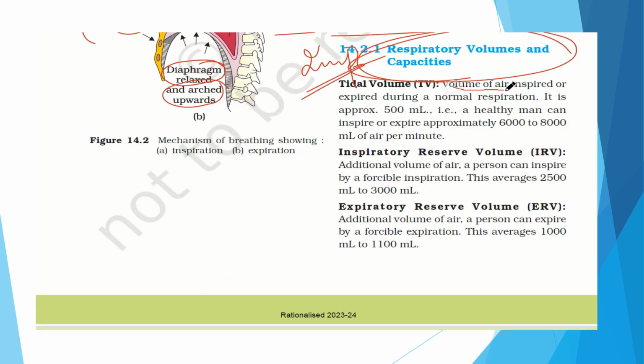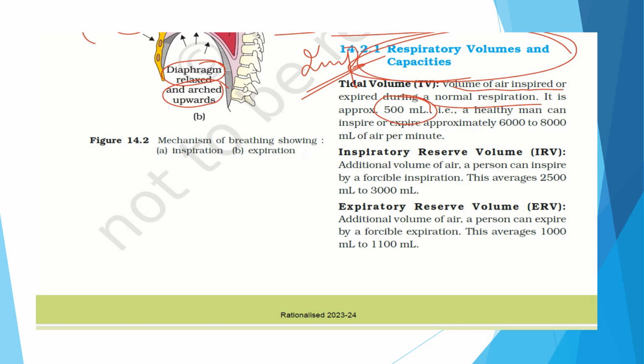First comes the volume of air inspired or expired during a normal respiration. Just now we have spoken about inspiration and expiration. They combine together, the normal inspired air and expired air during normal respiration. It is about 500 ml approximately. So this is the tidal volume.